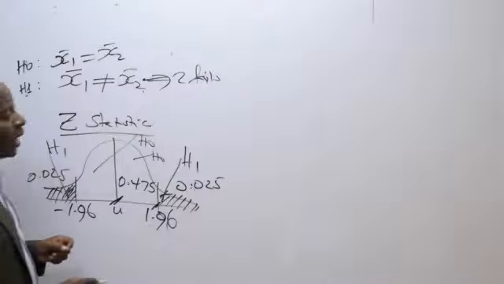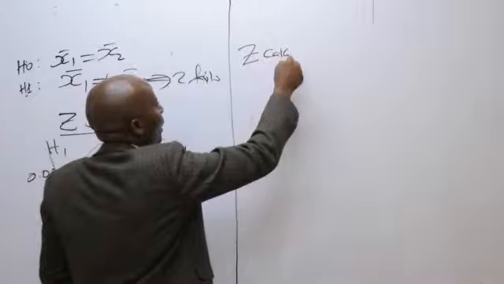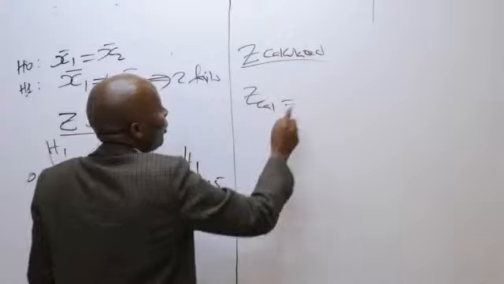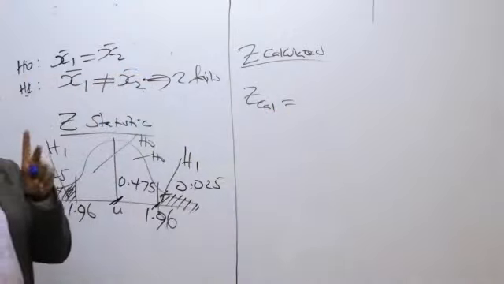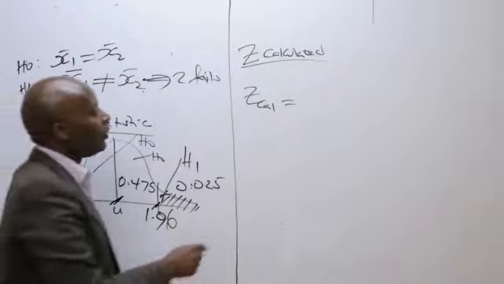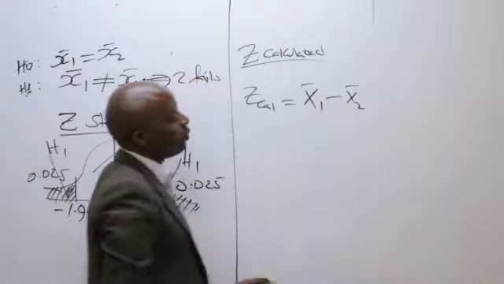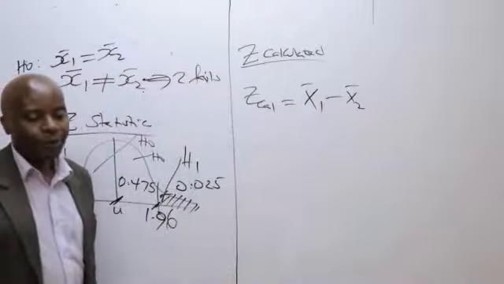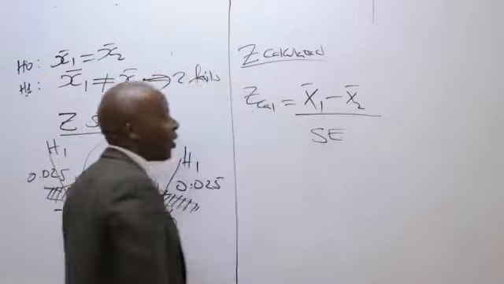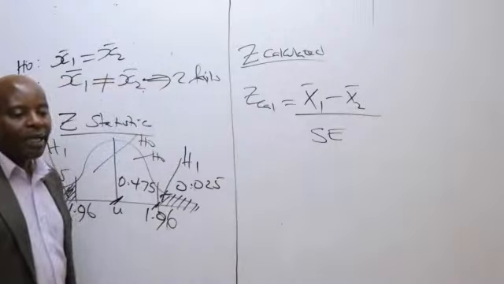So now we go to the last stage, which is the stage of Z calculated. Remember that here we have two samples. You can't talk of X bar minus mu. Two samples, so it will be the difference between the two samples: X bar 1 minus X bar 2, all over the standard error.